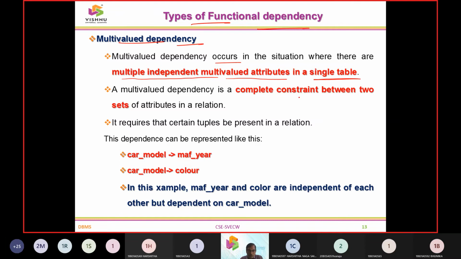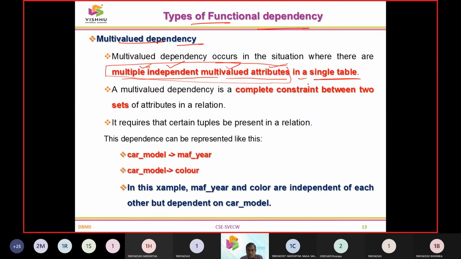It is quite difficult to understand, but this term is the heart of the multi-valued dependency definition. Multiple independent multi-valued attributes. So these are the 4 clauses we have to put in this scenario.